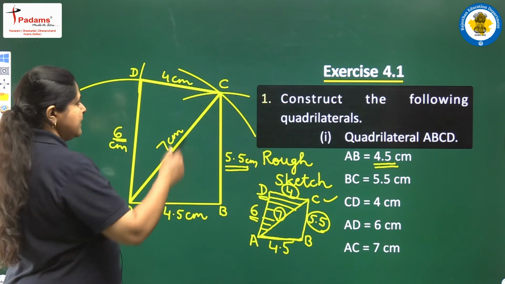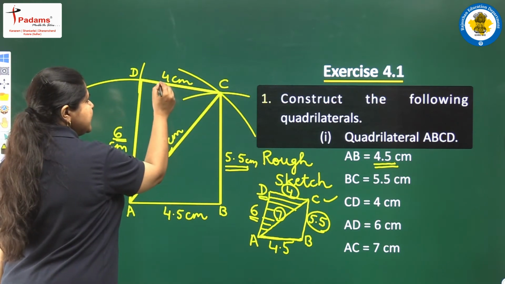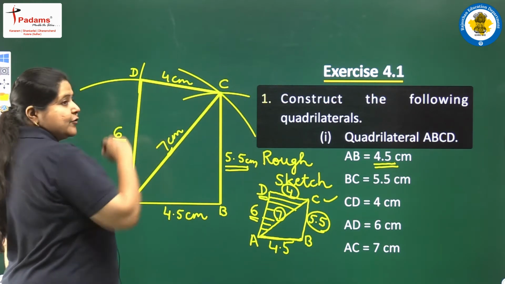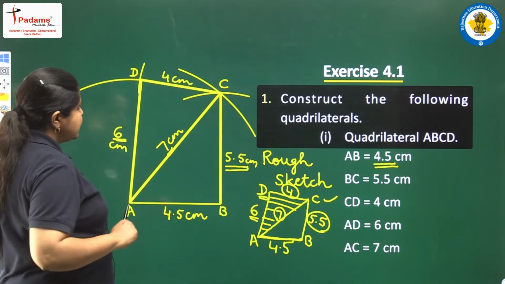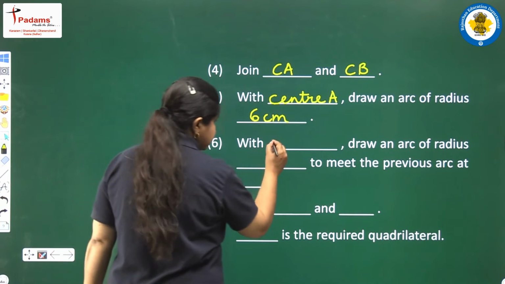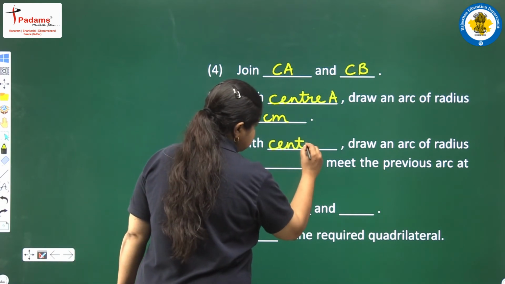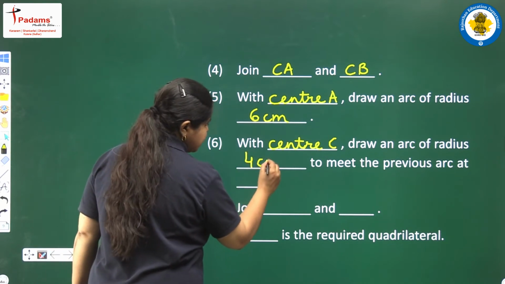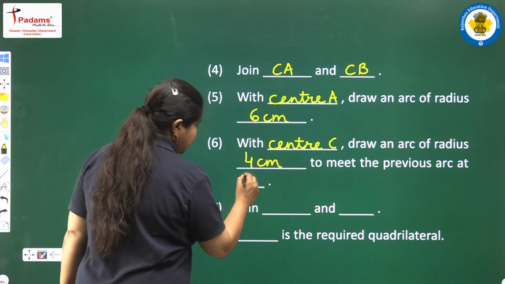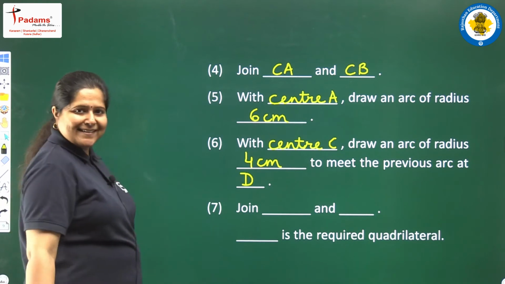Then what we did? With center C and radius 4 centimeter, draw an arc to cut the previous arc at point D. So, we will write it here, with center C, draw an arc of radius 4 centimeters to meet the previous arc at point D.